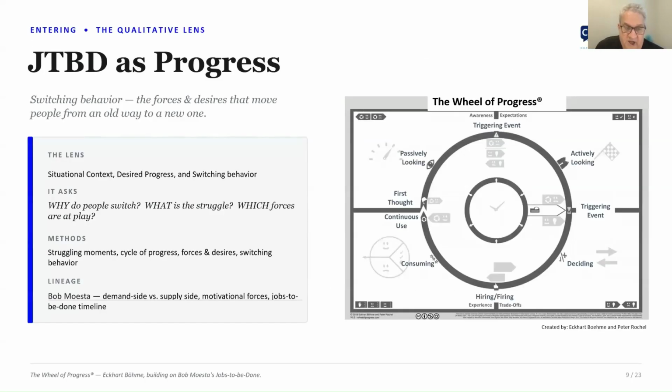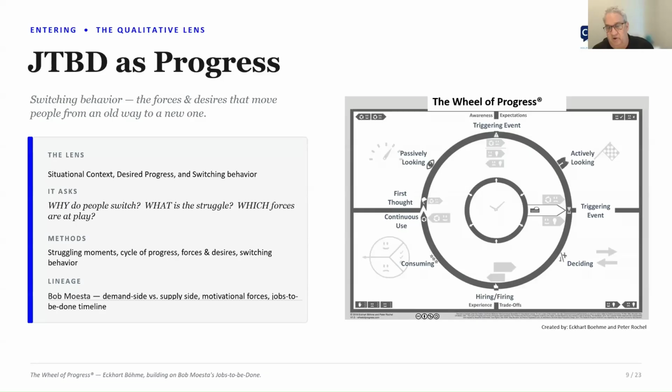For jobs to be done process, the particular method or framework that I use to do this type of research is informed, again, by Bob Moesta's lineage of this idea of understanding the timeline or the cycle of progress.